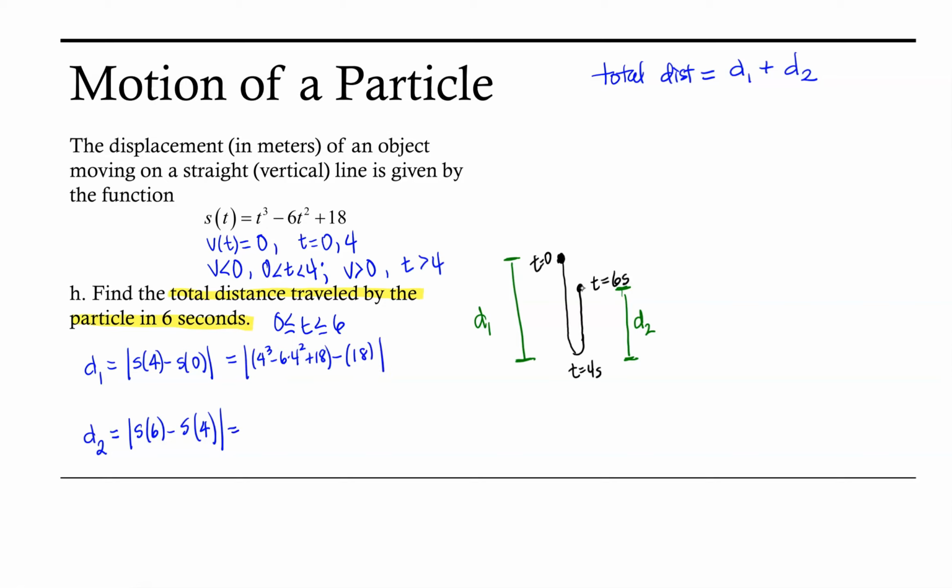And our d2 is going to be s of 6, so 6 cubed minus 6 times 6 squared plus 18 minus s of 4, which was 4 cubed minus 6 times 4 squared plus 18.